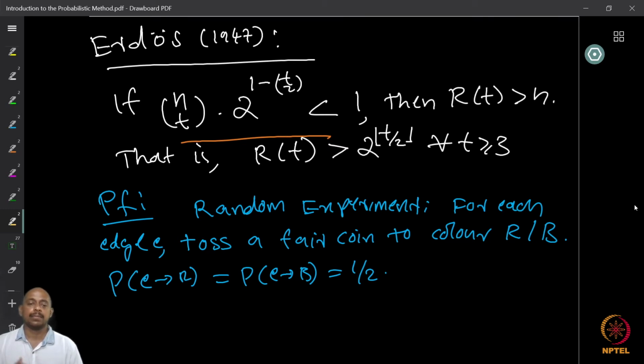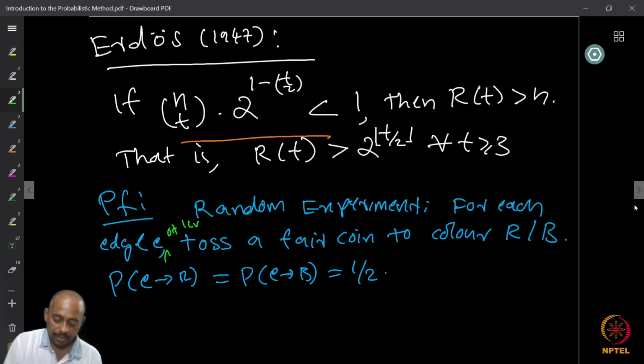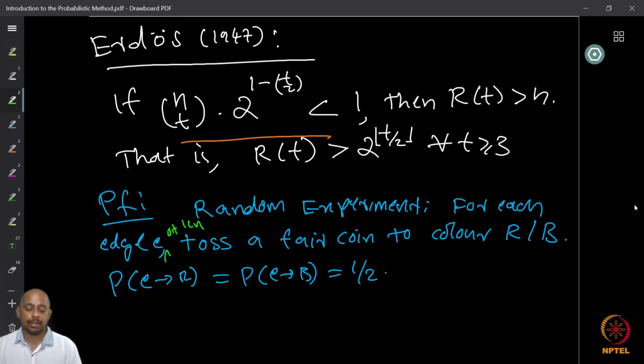We start with the complete graph on n vertices, let us say Kn. For each edge of Kn, toss a fair coin to decide what is going to be the color of the edge.